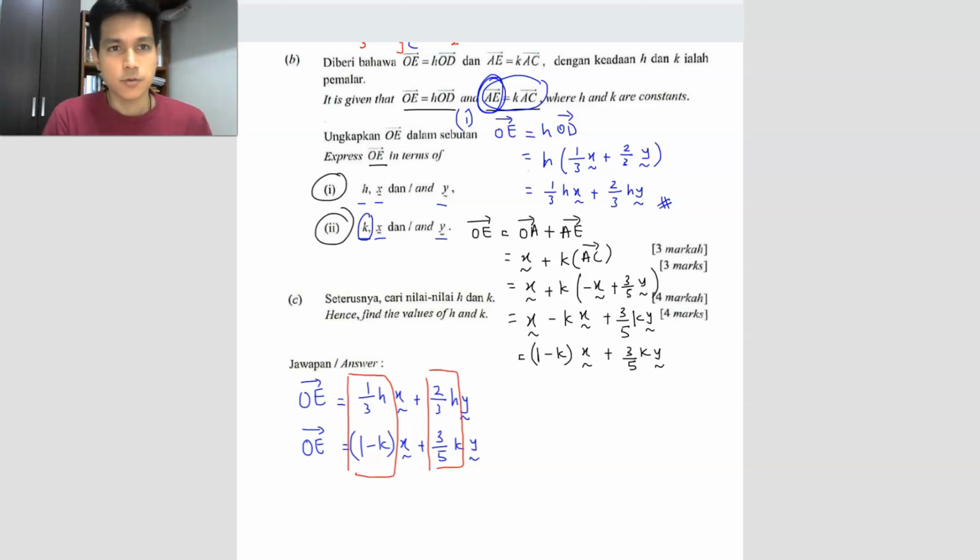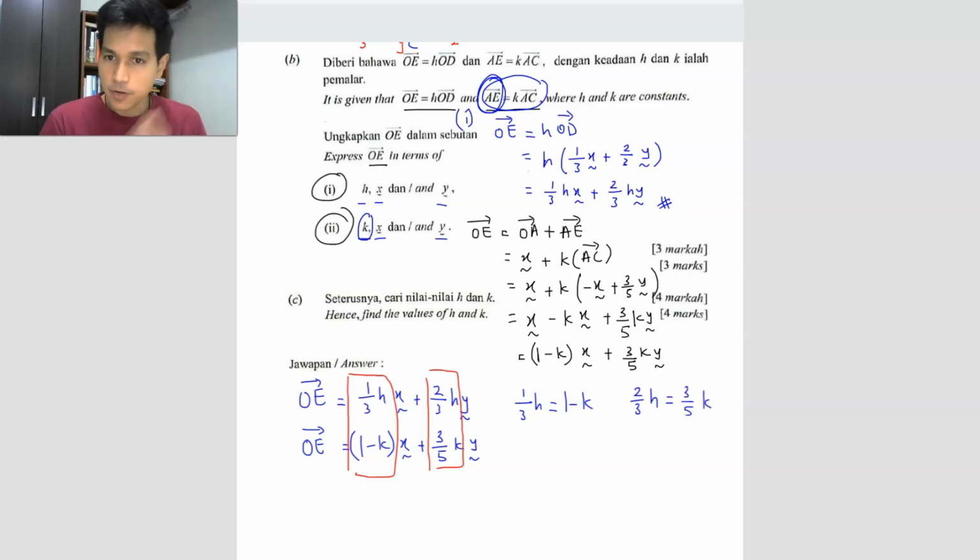So let me write here. 1 over 3 h should equal 1 minus k. So if I rearrange this, okay, this is the first equation. The second equation is 2 over 3h equals 3 over 5k, right?